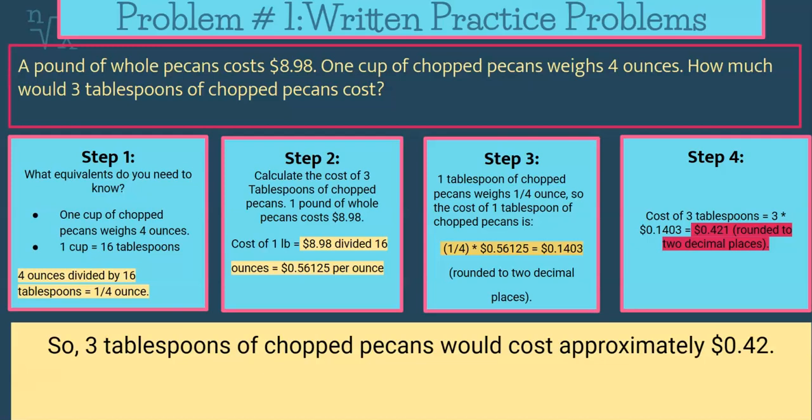In step 4, you cost the 3 tablespoons: 3 times the cost of 1 tablespoon, 0.1403, gives 0.421, which we would round up to 42 cents. So the answer is 3 tablespoons of chopped pecans is going to cost us approximately 42 cents.